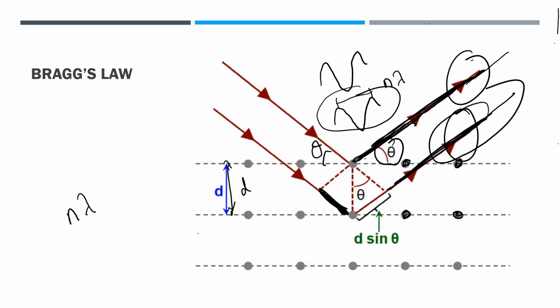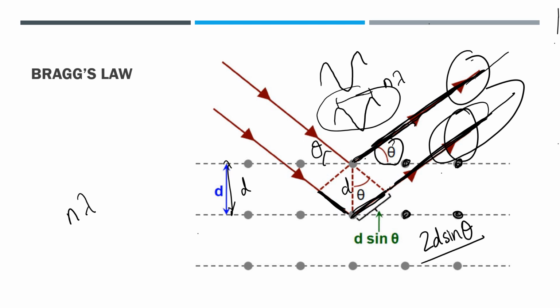But we see that there's this extra distance that the bottom wave has to travel, and just doing some basic trigonometry, if the distance between the lattice points is d, then d sine theta is the extra distance it has to travel on one side, which means 2d sine theta is the total extra distance my bottom wave has to travel.